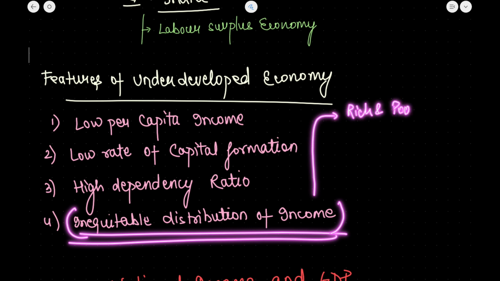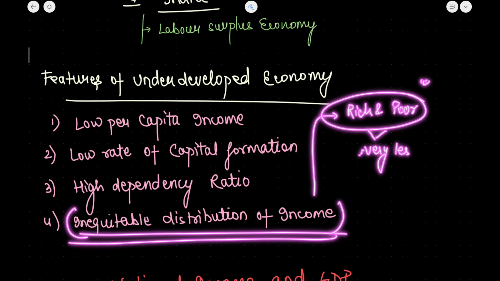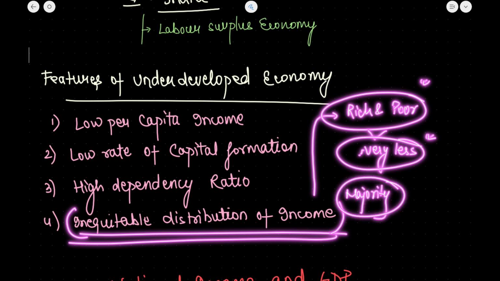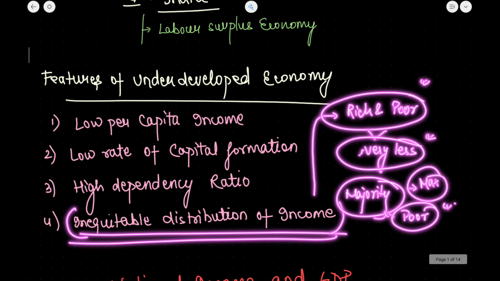Now equitable distribution means that the gap between the rich and poor is very less in the developed economy. But in underdeveloped economy, the majority of the rich people hold the maximum amount of money, whereas the poor get poorer.